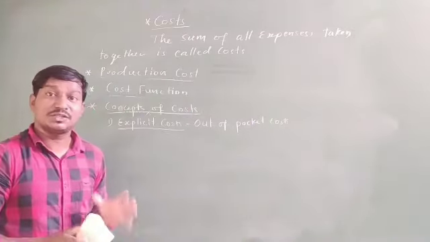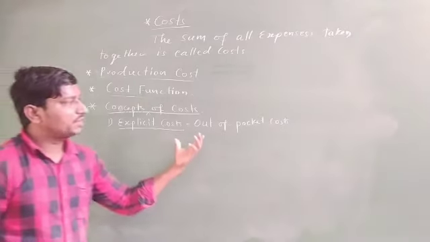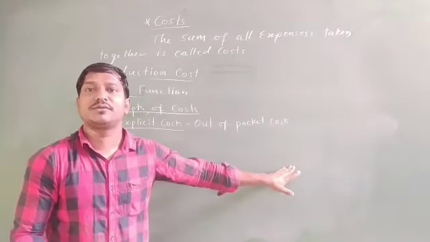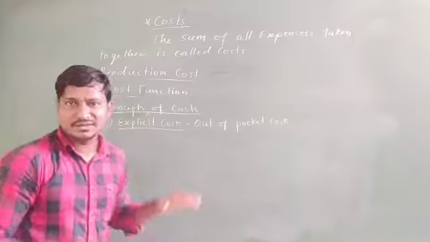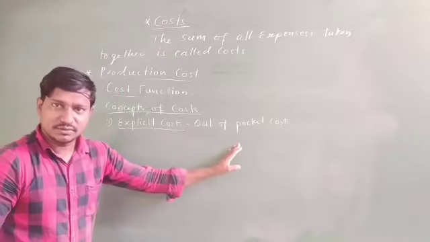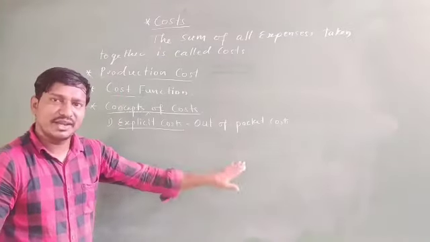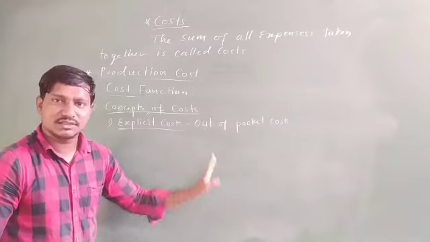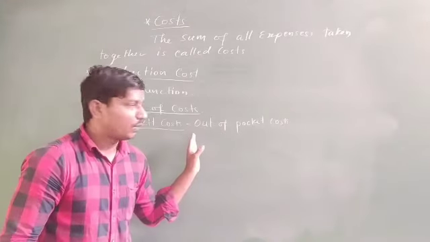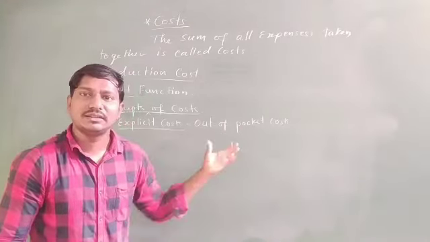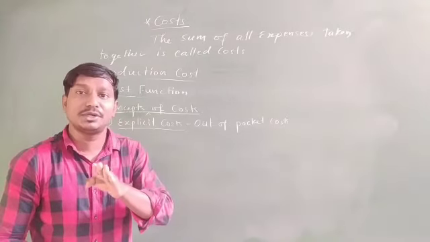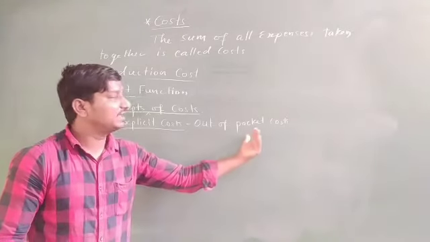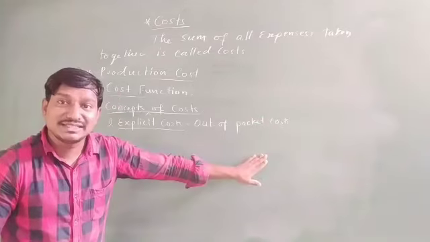Out of pocket costs mean these are the costs which are paid by the producer for the purpose of production. So as we already saw, rent, salaries, wages, material expenses, license fees, insurance, whatever the fees, are the expenses incurred by the producer out of his pocket, out of the business.